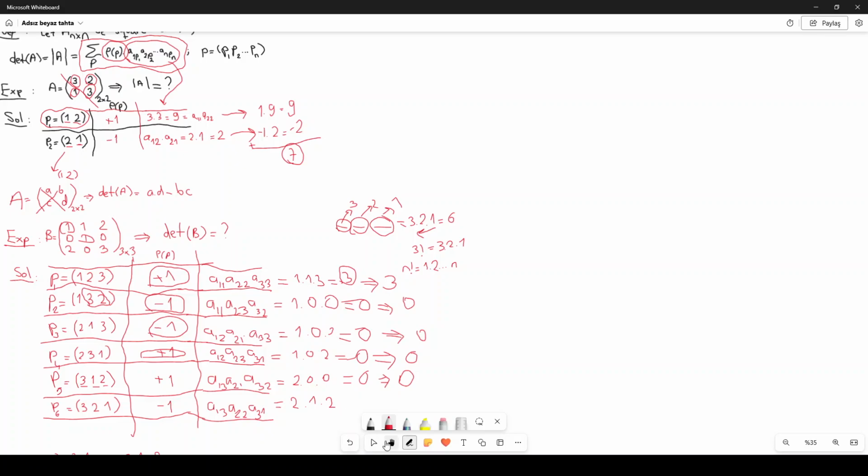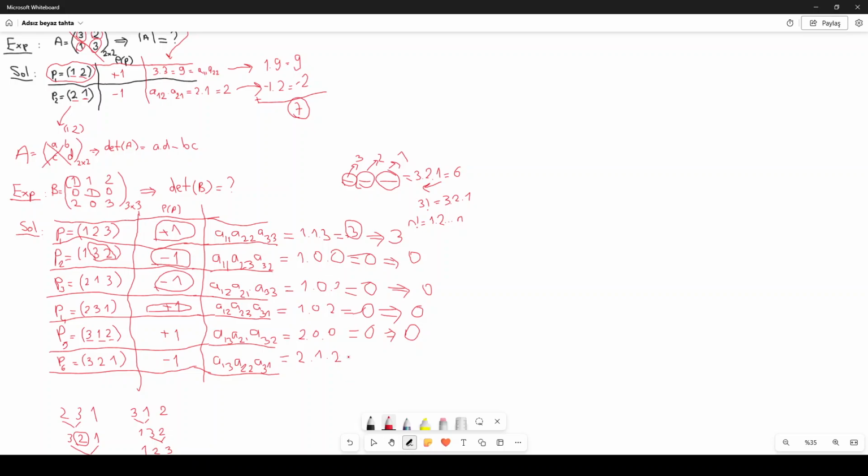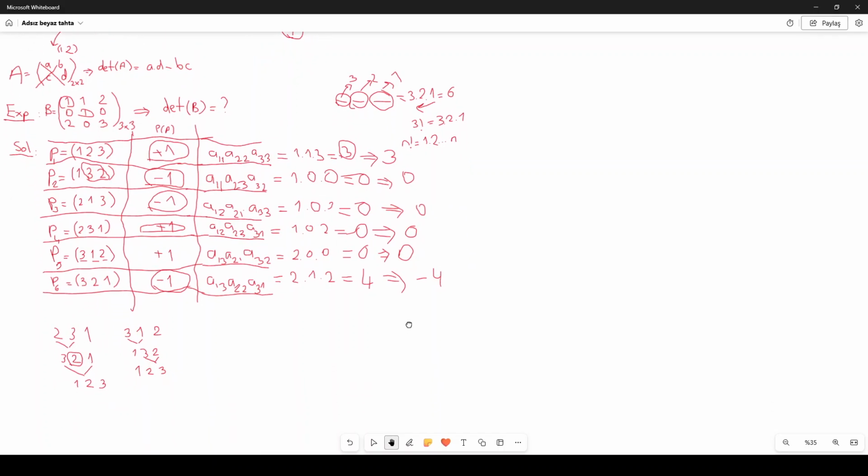Alright, now we have a non-zero element here, right? If you notice, now 2 times 1 times 2 is equal to what? It's equal to 4. But don't forget to multiply it by its sign. So 4 times minus 1, we have minus 4, guys. So now there is only one thing left to finish this computation. What I should do is sum these values up, right?